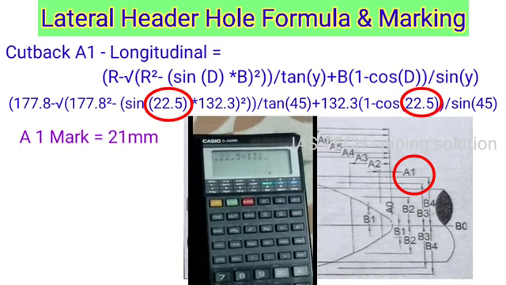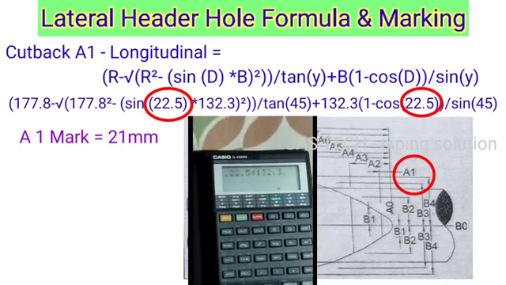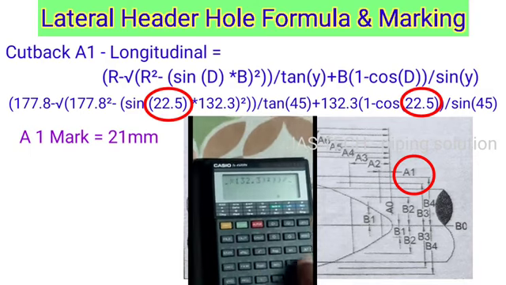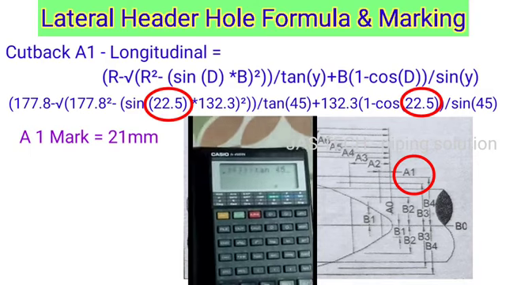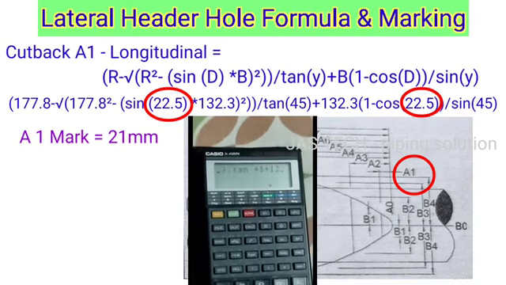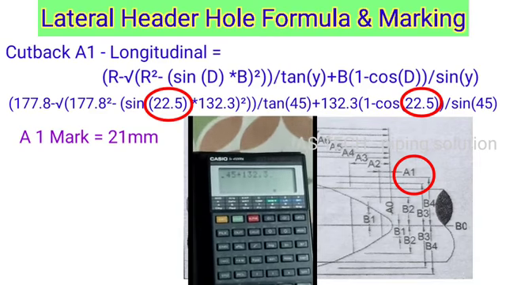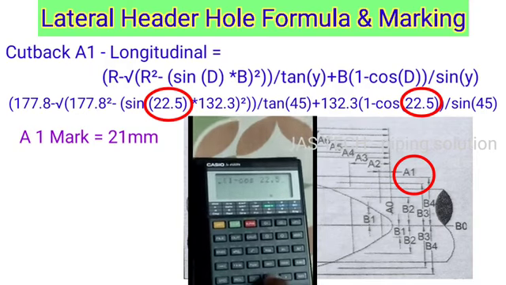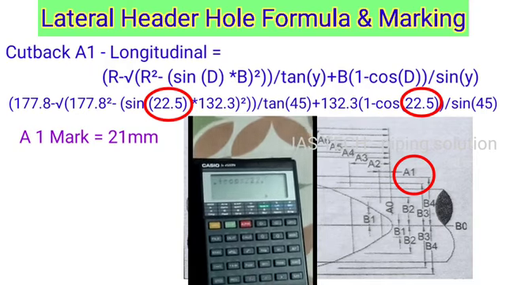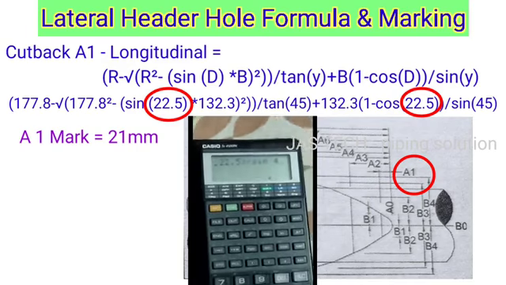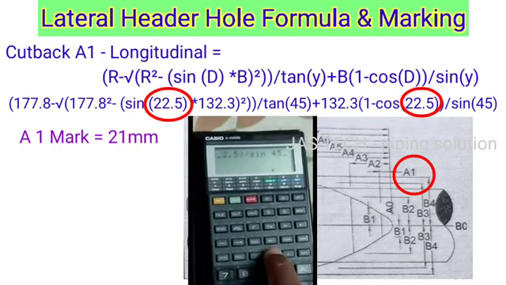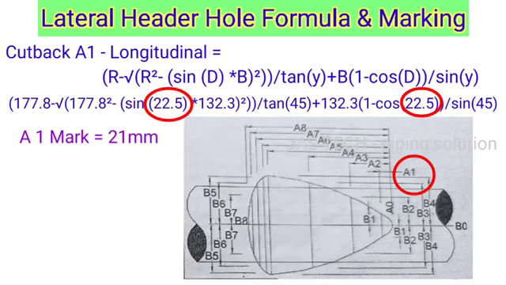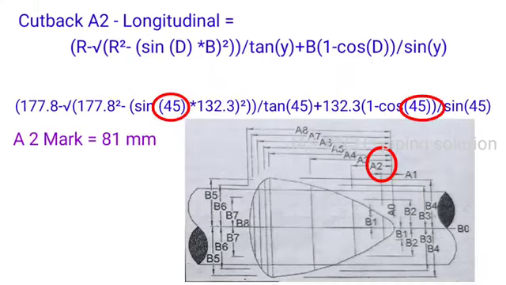R value we know, 177.8 mm. D we know, 22.5. B value 132.3. Y value 45. So we apply the values to the above formula by using scientific calculator. The answer is 21 mm. This is for the A1 mark value.